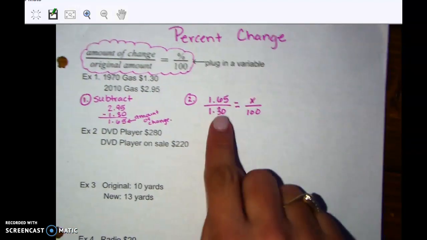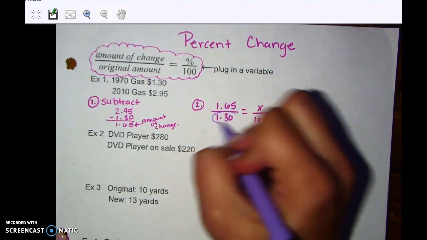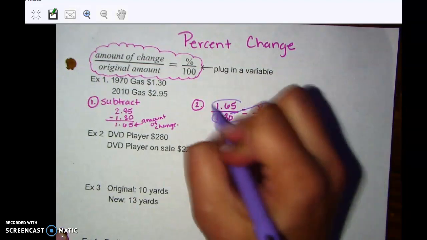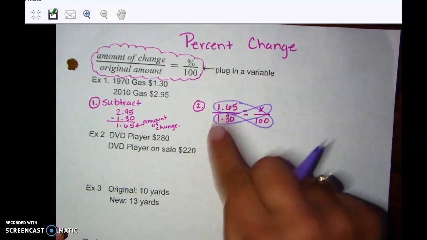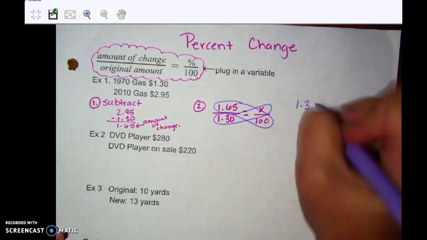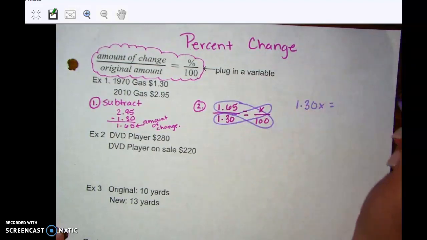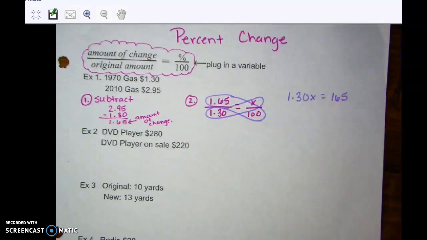Okay? So now we know our next step. Once we have two fractions set equal to each other, we can solve the proportion. So we'll cross multiply, or we sometimes call this our butterfly method, and this is going to be $1.30x equals, and then when you multiply these two, you would get 165. Okay.